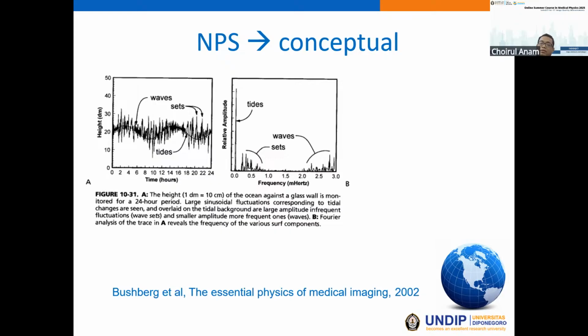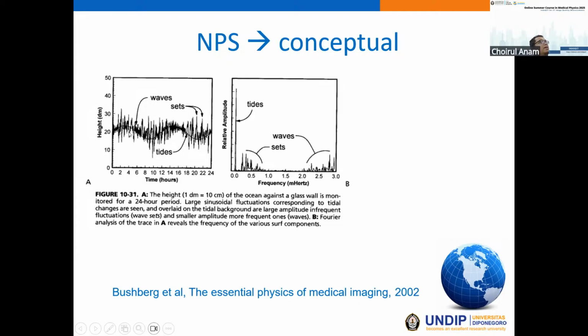This is the concept of the NPS. For example, if we see the surface of the ocean, we will see the water. We have the wave. Okay. And if we see carefully, the wave is like this.